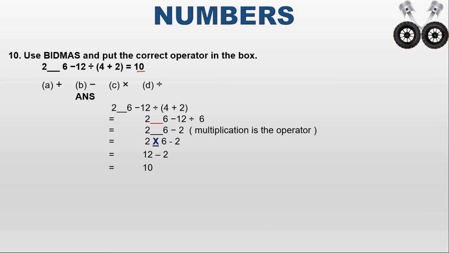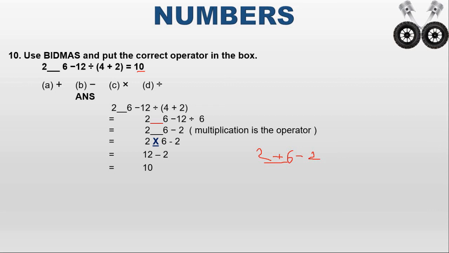Okay, so I have to use different operators to find the answer for this. If I use the plus operator here, what is the answer? 2 plus 6 minus 2. Which should be executed first? Addition. So 2 plus 6 is 8. So 8 minus 2 is 6.